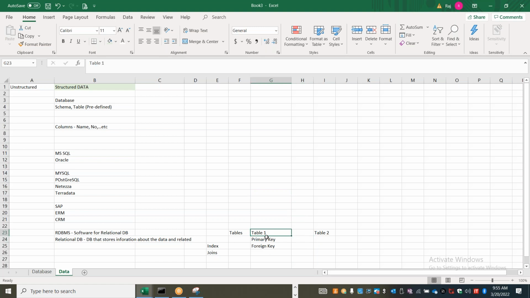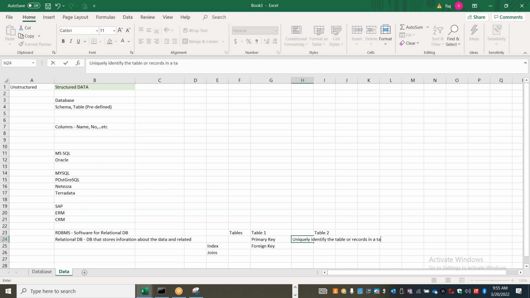In a table you'll have a primary key. A primary key is the main unique identifier of a record, or I would say it uniquely identifies records in a table.